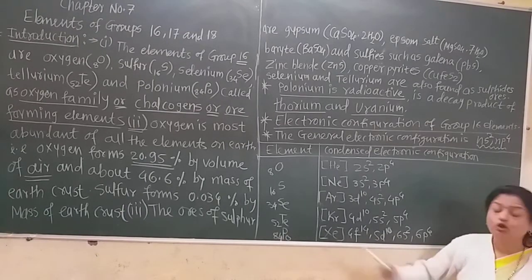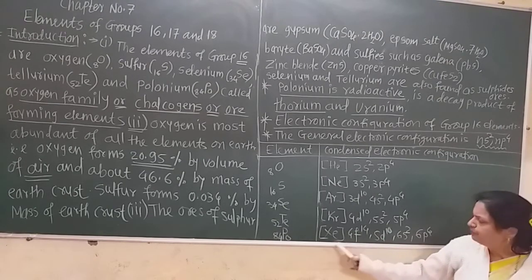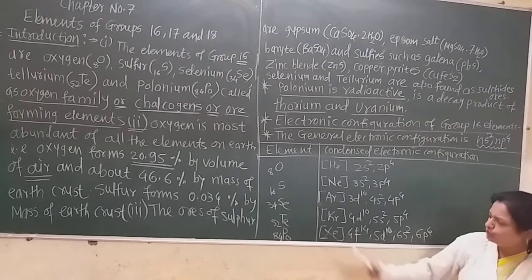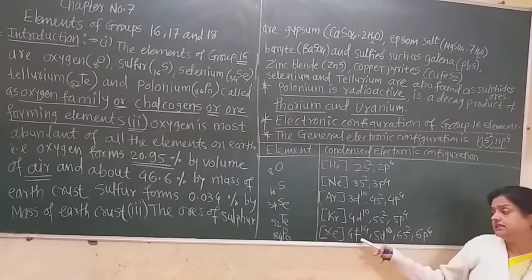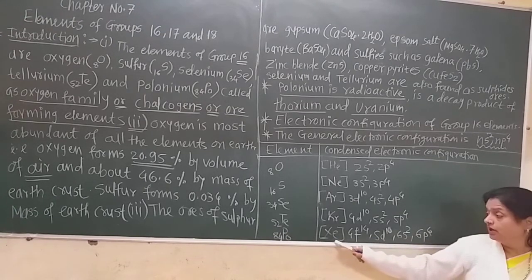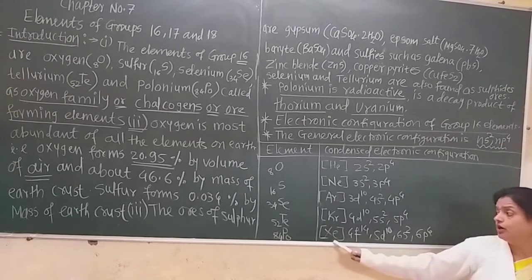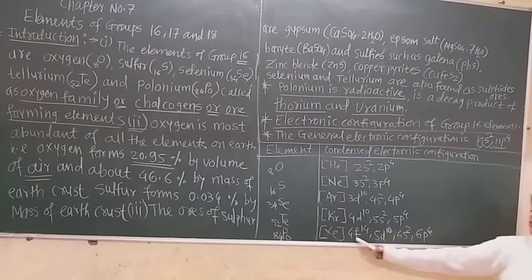Now here is xenon, which is the inert gas. Its atomic number is not 52, it is 54. Now see here, here is the atomic number of xenon, and here the 4f orbital is there, because from the 4th shell the f orbital started.